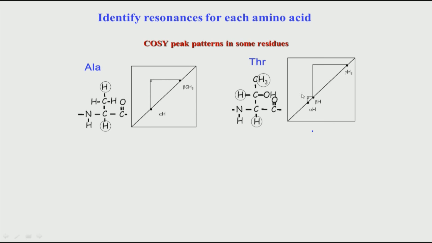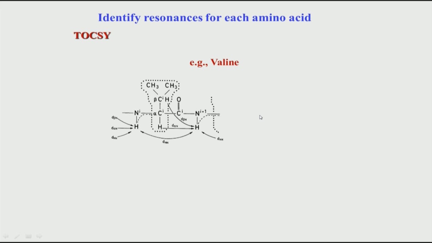Similarly, for threonine you again get 3 bond proton to proton correlations. There are 3 protons here: alpha, beta, gamma. Alpha gives a correlation to beta, and beta gives a correlation to gamma. Similarly for many amino acids like this.